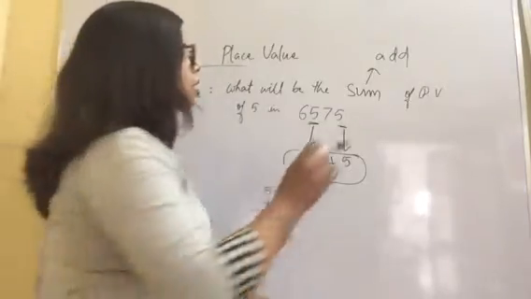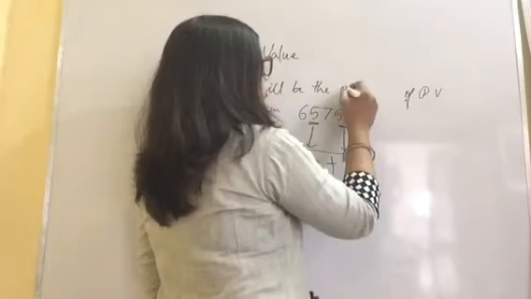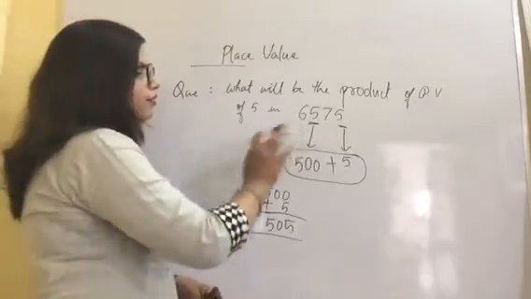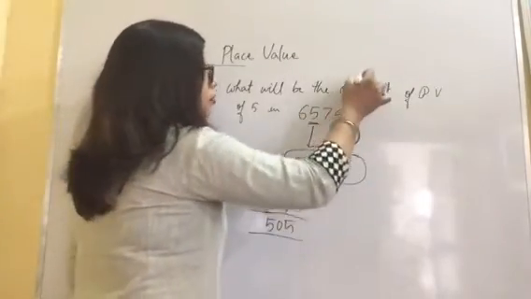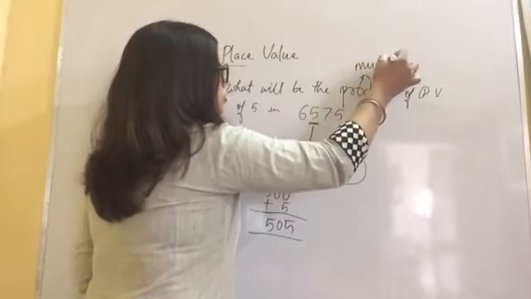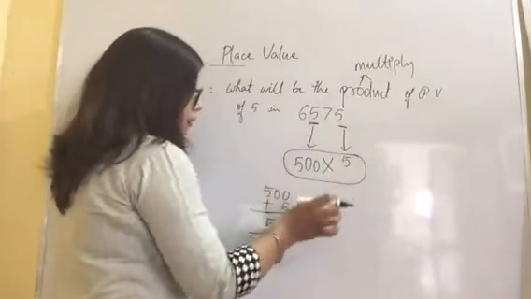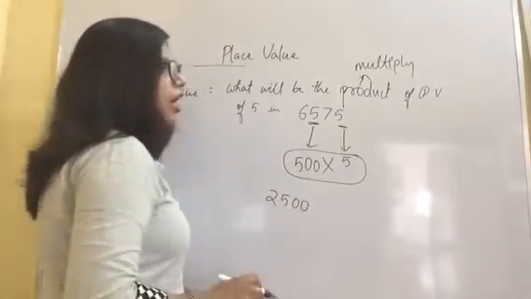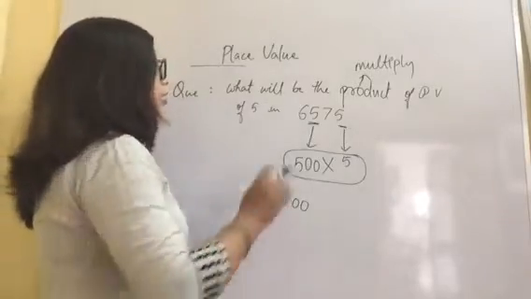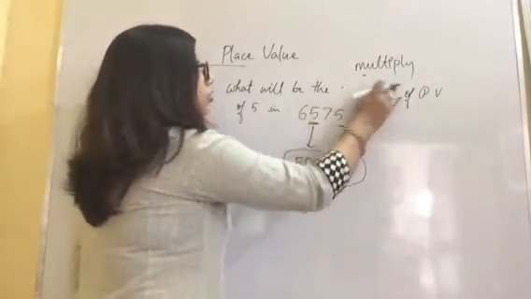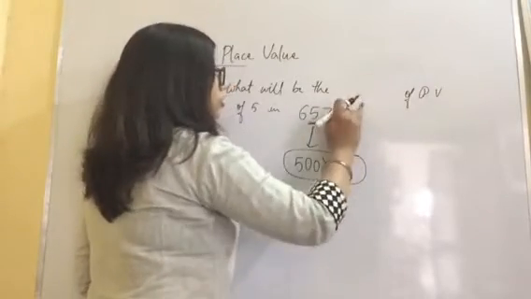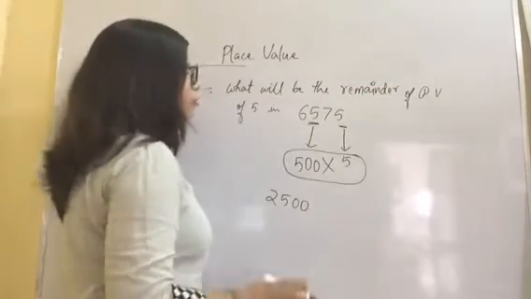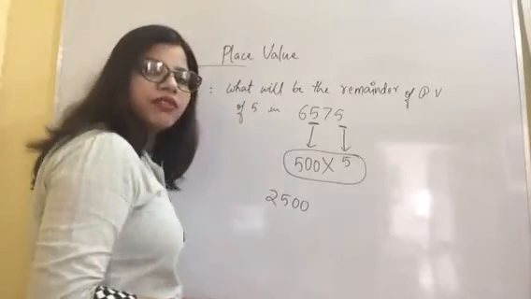Okay. If they ask what will be the product of place values of 5? Same question. Product means multiply. So we will multiply. The answer will be 2500. Now if they ask what will be the remainder of place values of 5 in 6575.